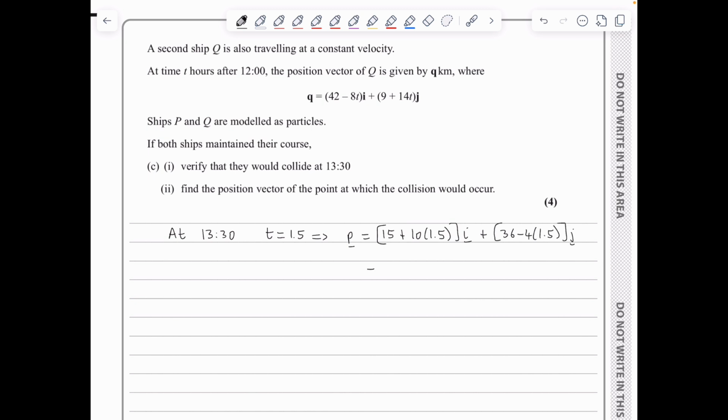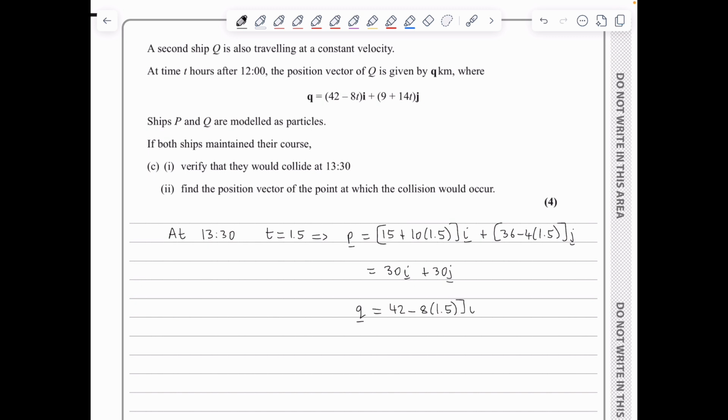Now this simplifies to 30i plus 30j, and what I'm expecting is that if I do the same for Q, I should be finding exactly the same position vector. So we are pretty much saying that when t is 1.5, they will be at the same place, so they will be colliding. So the position vector Q is going to be 42 minus 8 times 1.5.